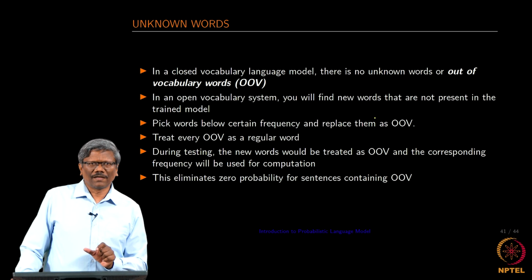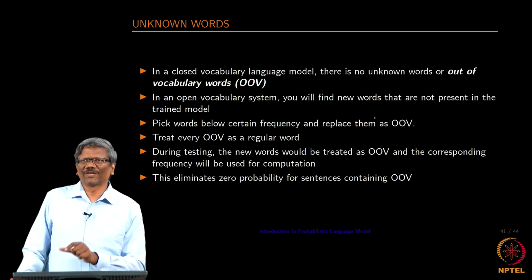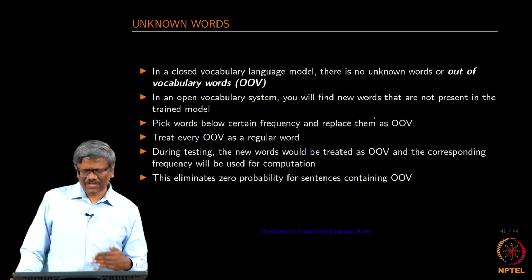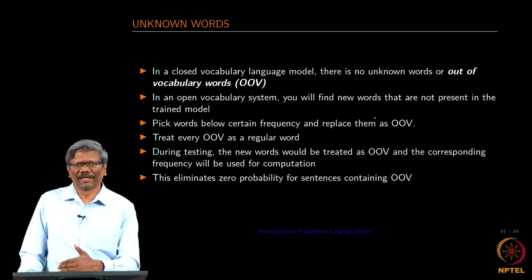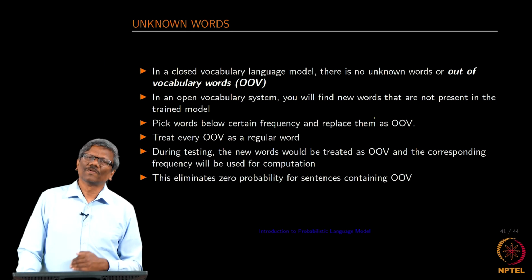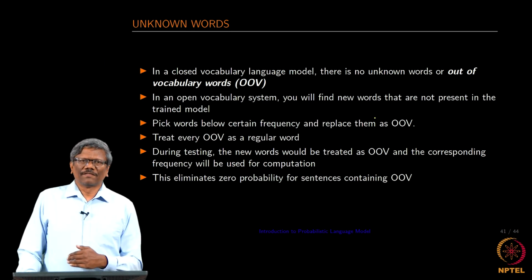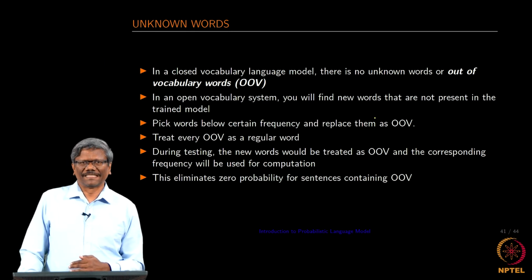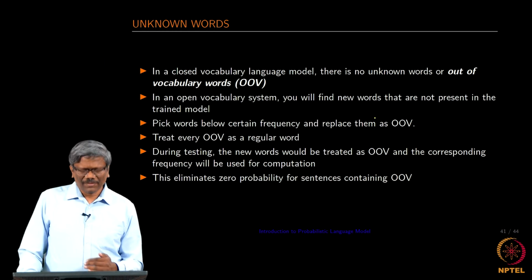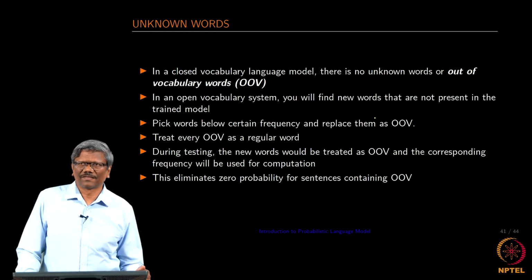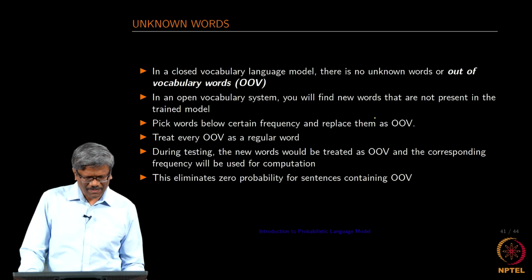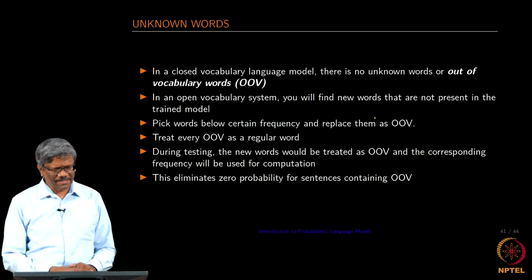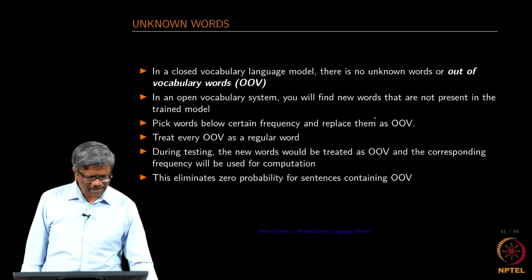When we do that, and when the model has been trained to look at the OOV based on the frequencies of the words that we have picked and labeled as OOV, we are not going to have a zero probability for a given sentence, correct. In that way we can address the out of vocabulary words in a given corpus. This eliminates our zero probability.